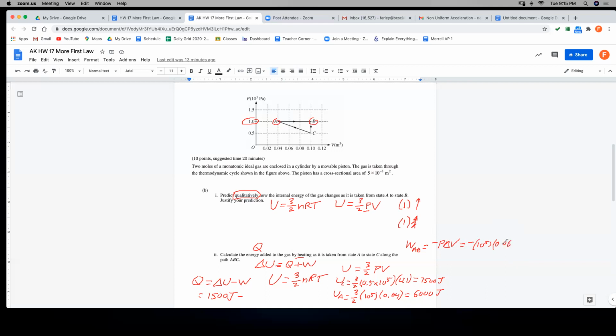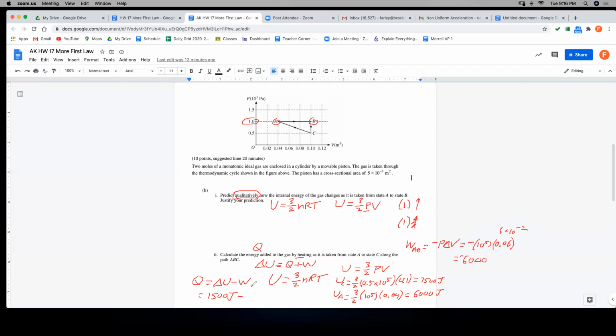And so 0.06 times 10 to the 5th, this is 6 times 10 to the minus 2 times 10 to the 5th, so it's going to be 6 times 10 to the 3rd, so that's 6,000. Negative 6,000, because it's expanding.